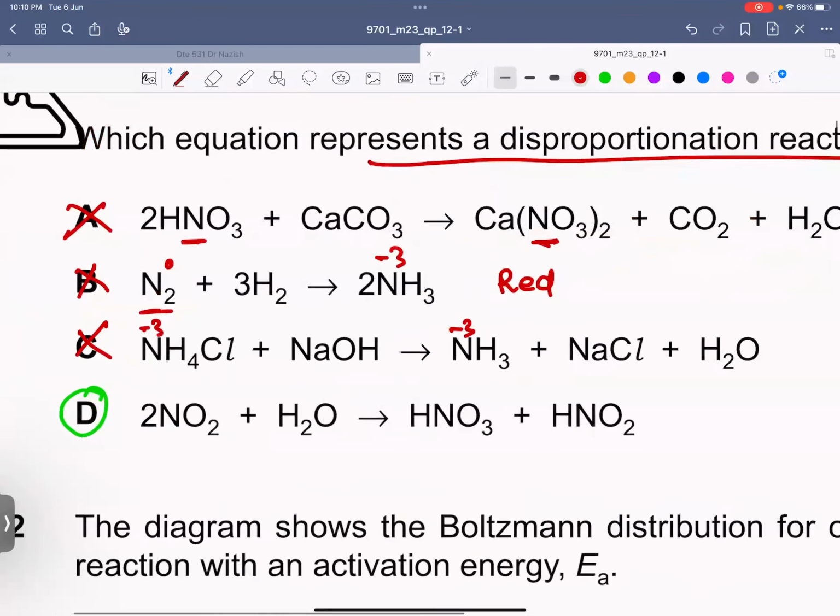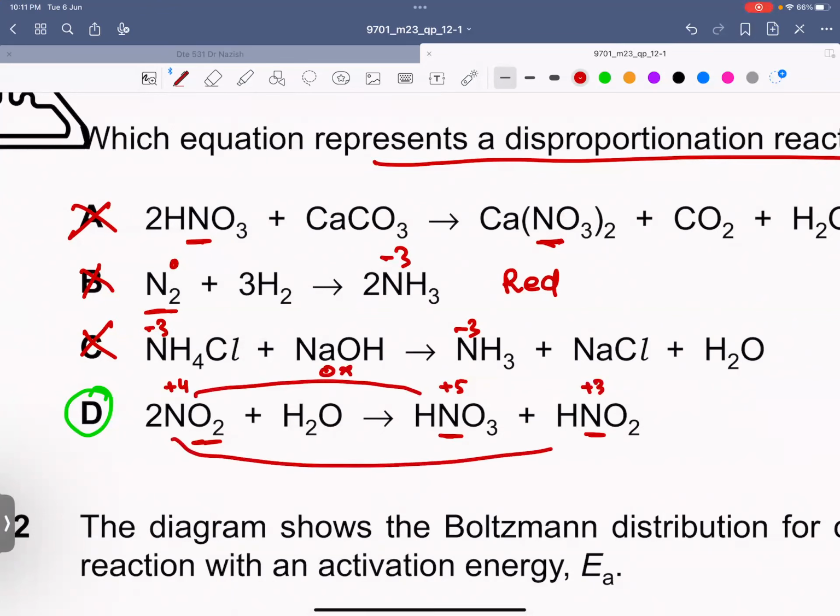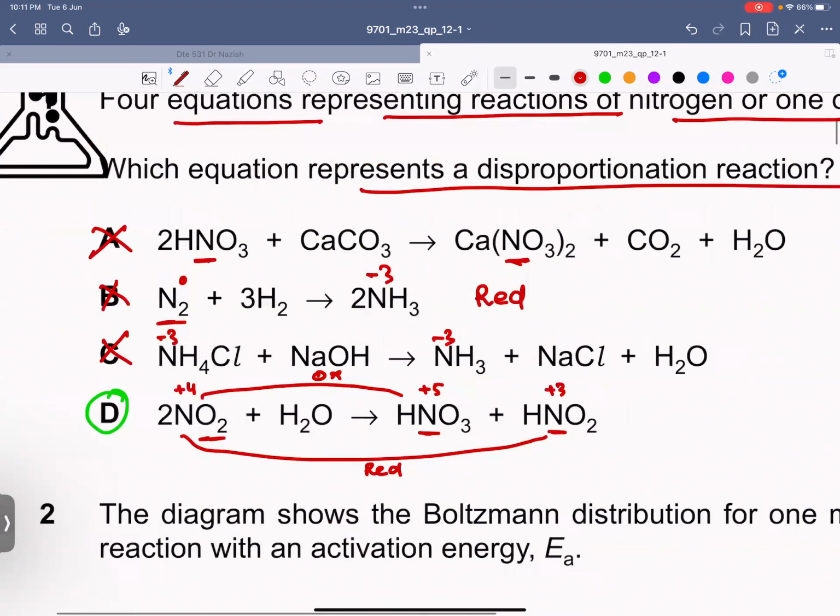If you look over here, there are 2 oxygens, which means this nitrogen is +4. Here you all know that nitrogen is +5, and here you all know that nitrogen is +3. So see, nitrogen is changing from +4 to +5, which is oxidation, and the other nitrogen changes from +4 to +3, which is reduction. So D is your correct answer. Is this clear?